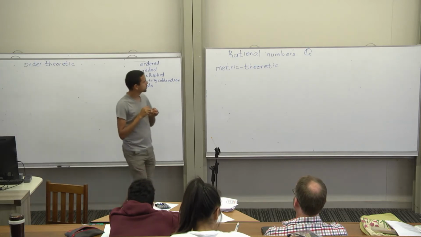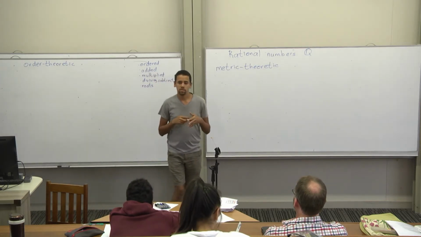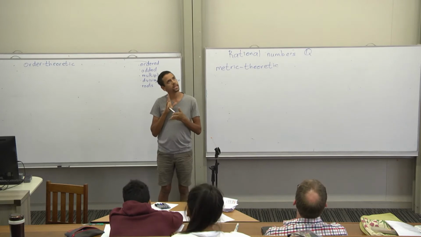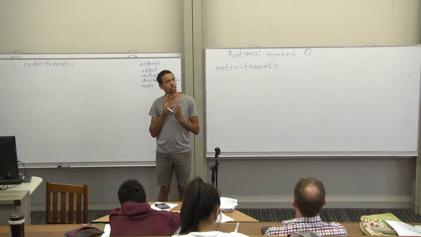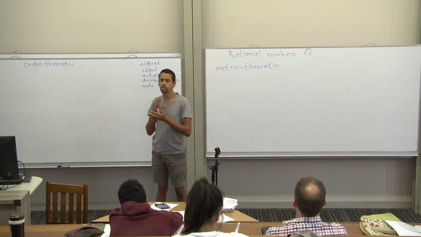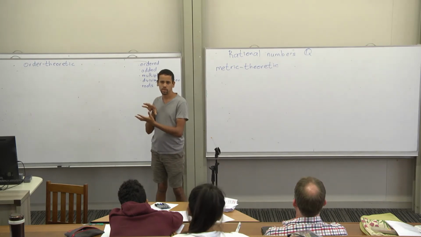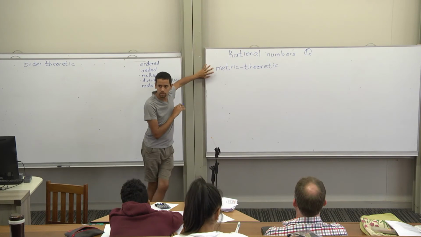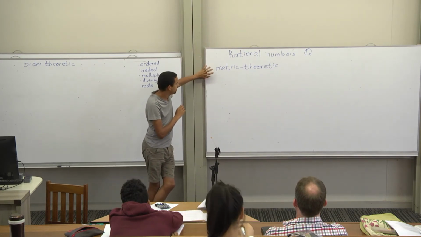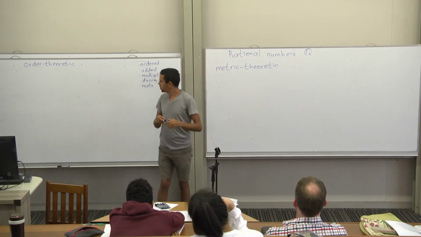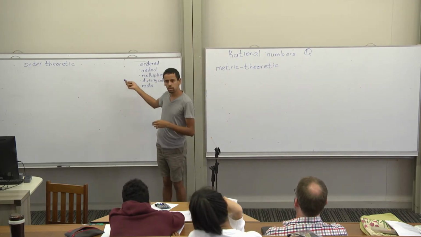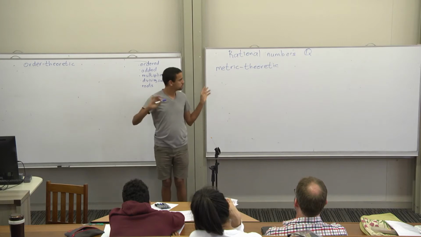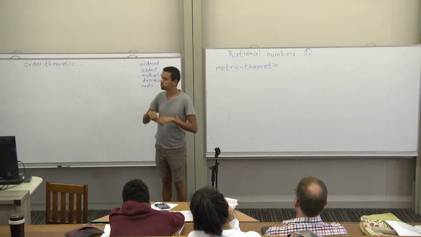If you go to university, probably in second year, not linear algebra, not algebra, analysis, once you have an analysis course, they'll probably teach you the metric theoretic way of defining the real numbers. Chances are they won't teach you the order theoretic way, but you can learn that yourself as well.